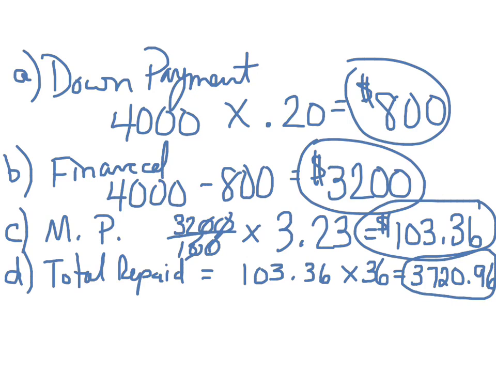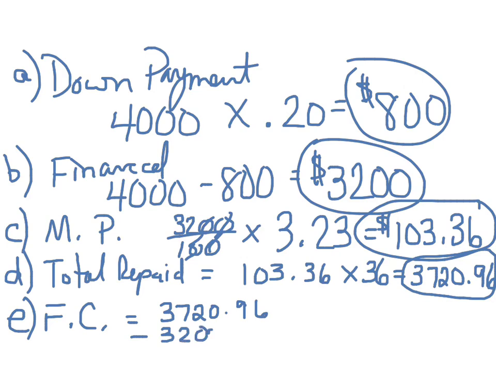Okay. Then for part E, it wanted you to figure out the finance charge, which I'm going to abbreviate as FC. In order to figure out the finance charge, you took 3,720.96 and subtracted out how much you financed, not how much you started with, because the number you started with was obviously higher than how much you actually repaid.